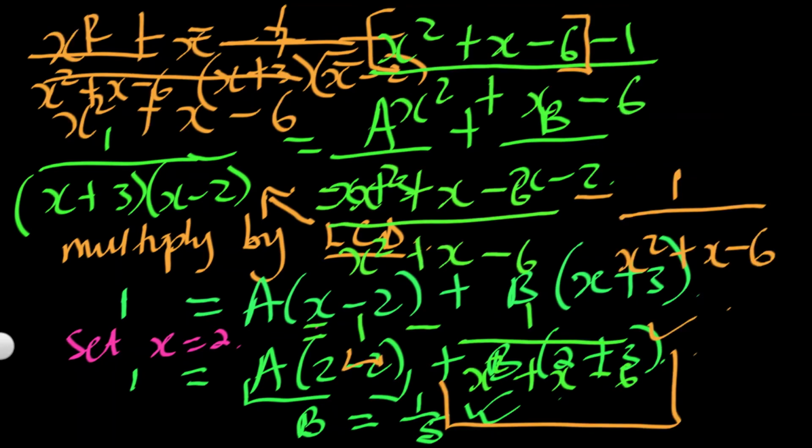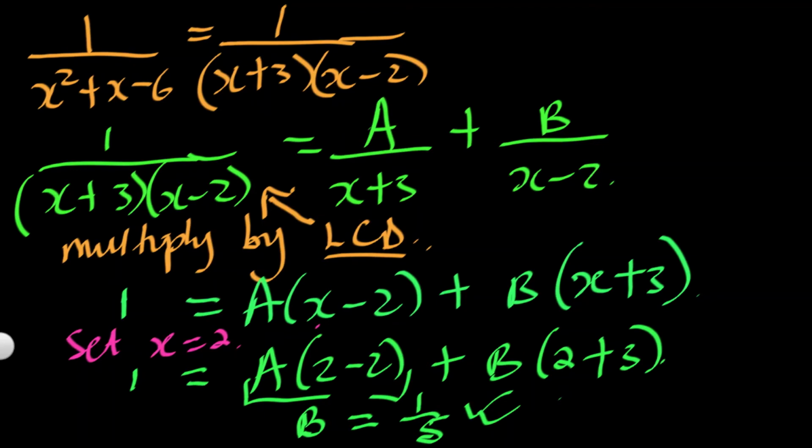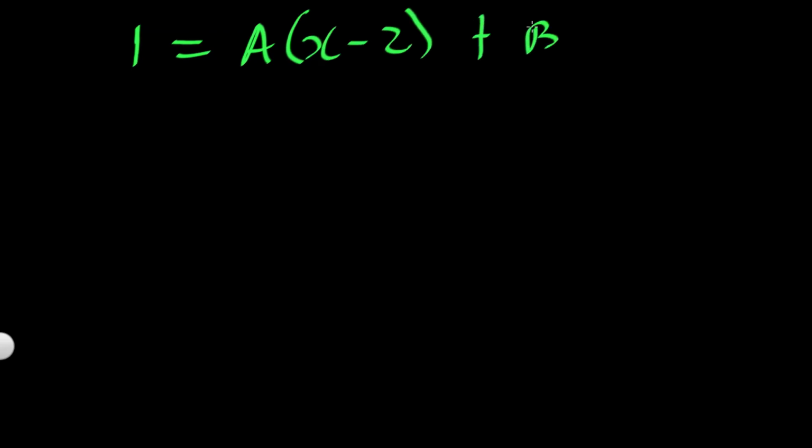So I'm going to put off this and put off that. All right. I'm going to use this part here. So I have 1 equals to a x minus 2 plus b x plus 3.